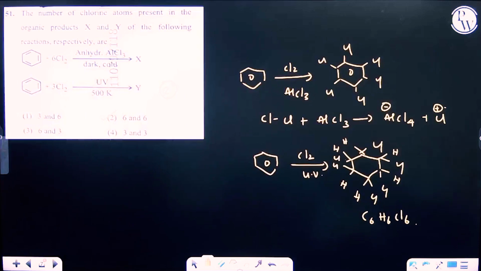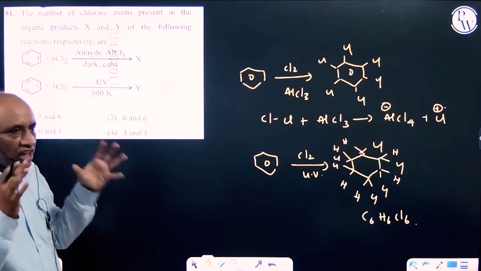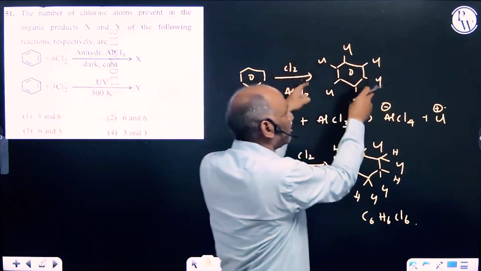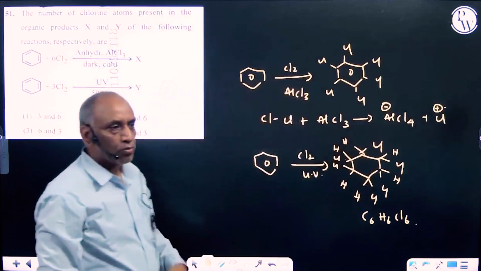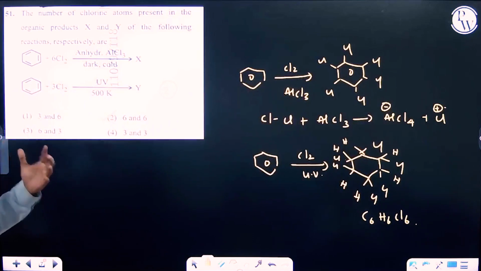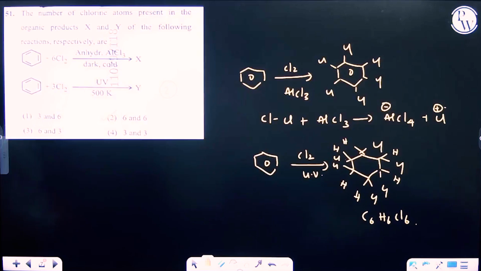So here there is a possibility of overthinking and making a mistake, because with chlorine you will think, can this kind of polyhalogenation happen or not? Chlorine is a deactivating group. Once one chlorine comes, the ring gets deactivated, another much more deactivated. So your thought process may go like that.